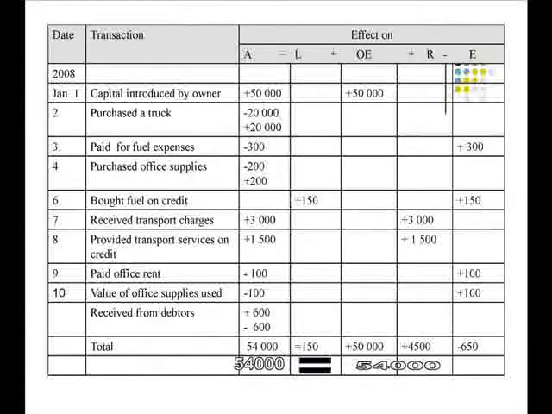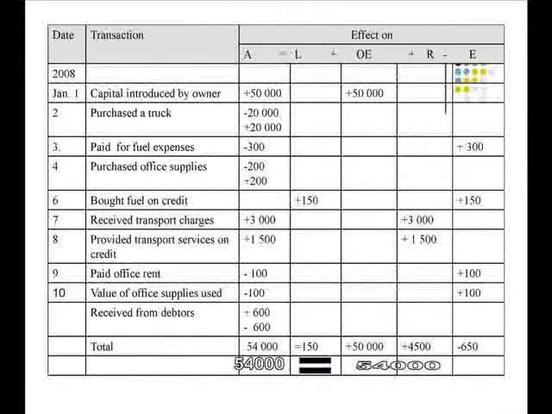And the asset increase is what? It is the debtor. We provided transport services on credit to one of our customers. So then that customer is called debtor, right? So debtor increased by 1,500 and revenue increased by 1,500.